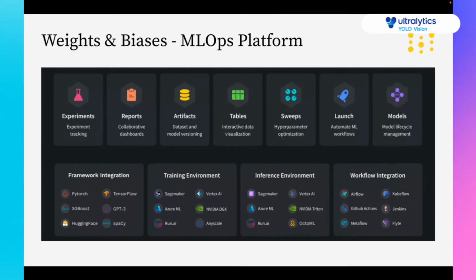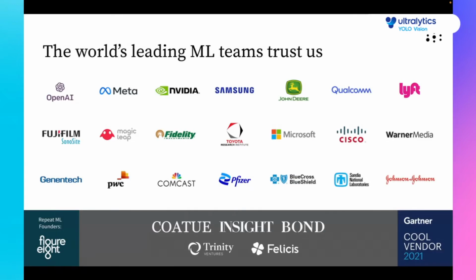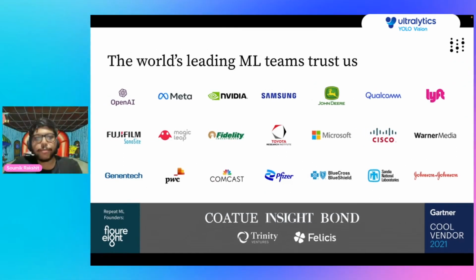And if you're wondering, how do I use Weights and Biases? Don't worry, that's where we have got you covered. We are integrated with almost all machine learning frameworks in existence, and we are actively working on maintaining these integrations. And we work seamlessly with all kinds of training and inference environments as well. Besides that, we are trusted by the world's leading ML teams, including NVIDIA, Meta, and OpenAI.